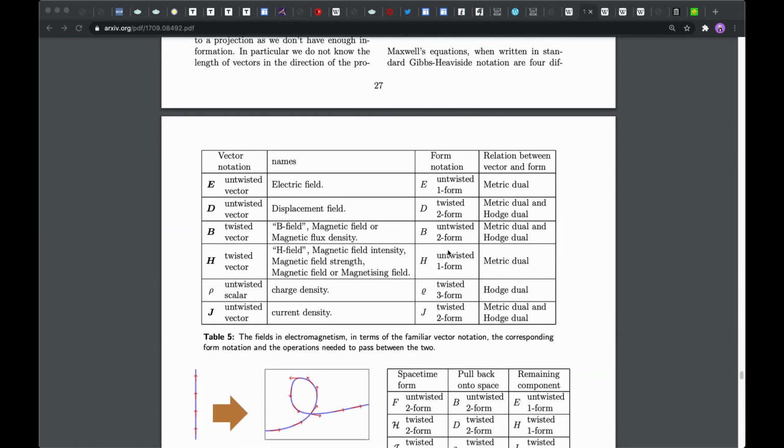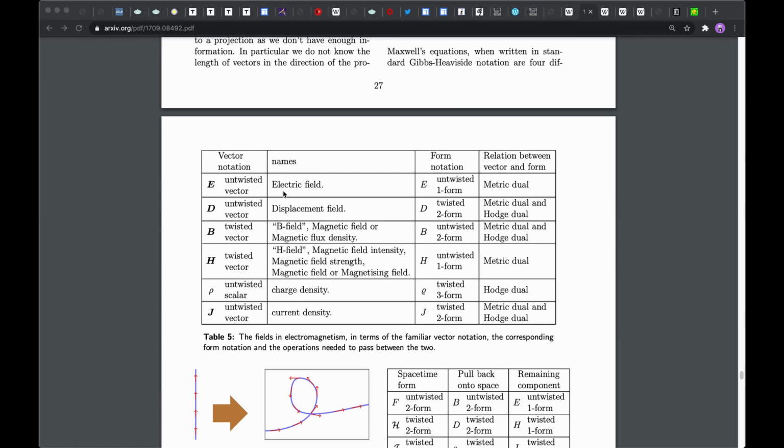And we have that table which describes all of the components we will need today. So we have those described in the vector notation, their names, their form notation, and the relation between the vector and the form notation, like metric dual or Hodge dual there.